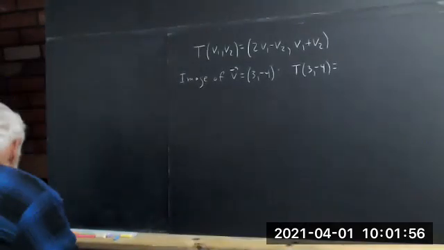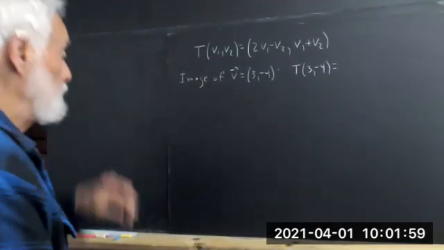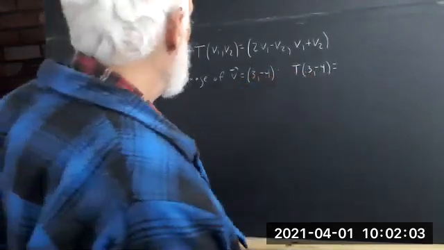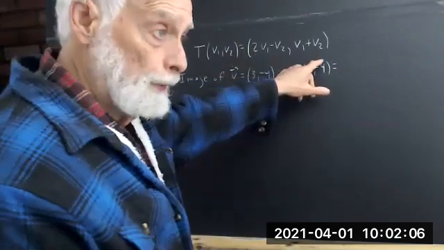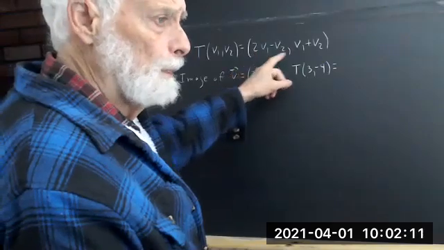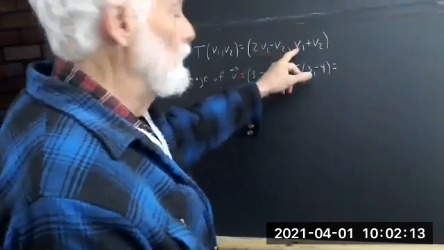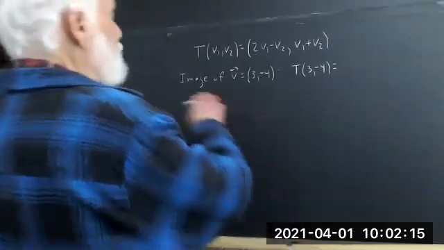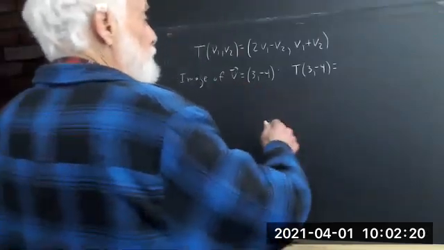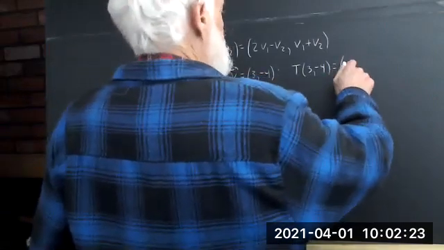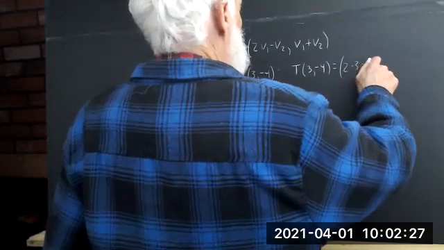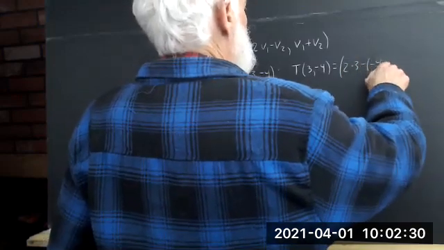Let's do a specific example and then look a little bit at the geometry of the situation. Okay, T of 3, -4, where T of v1, v2 is this transformation where I specified the constants that I indicated previously as A, B, C, and D. Now it's 2, -1, 1, 1. Okay, the image of V equals 3, -4. Well, T of 3, -4 equals 2 times 3 minus -4.